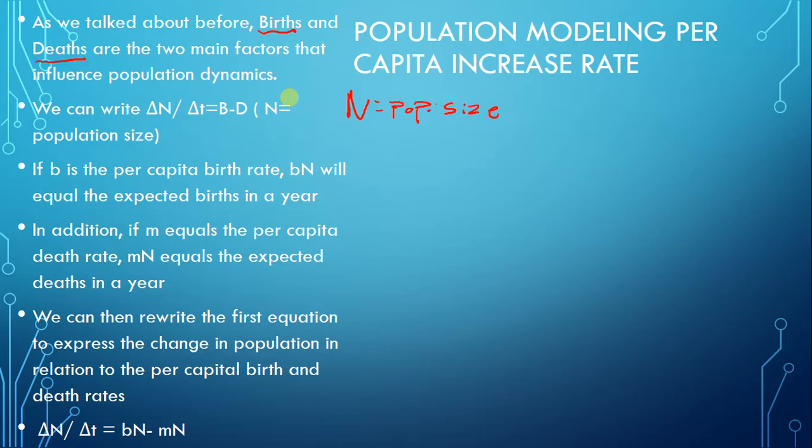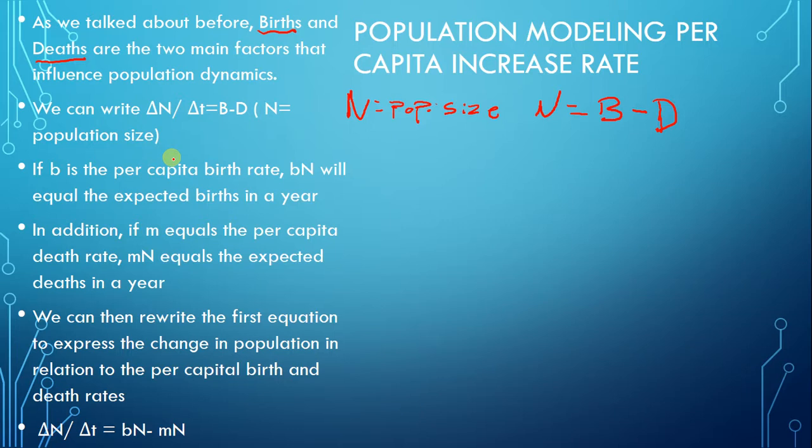In real life, that's not true at all, but we can get a sense with our model. So we can take this simple equation: however many are born in a year minus however many die in a year is going to be the amount of increase.